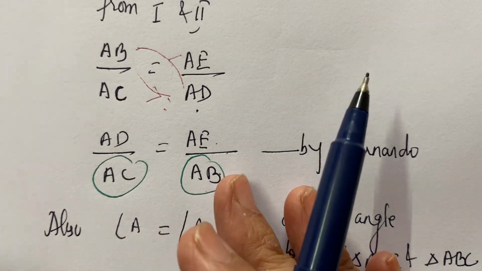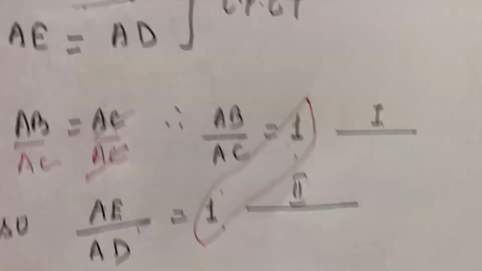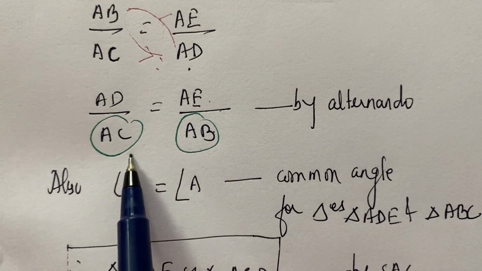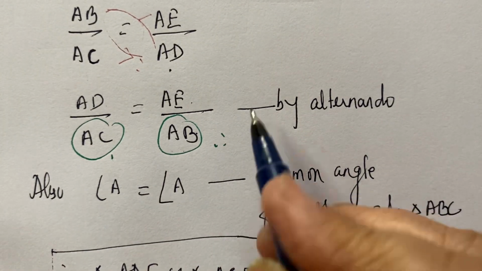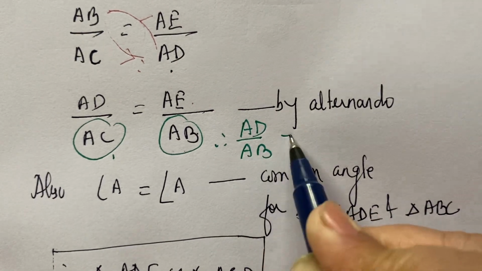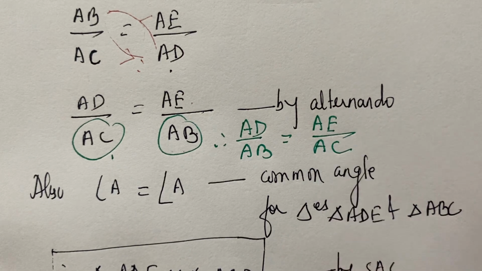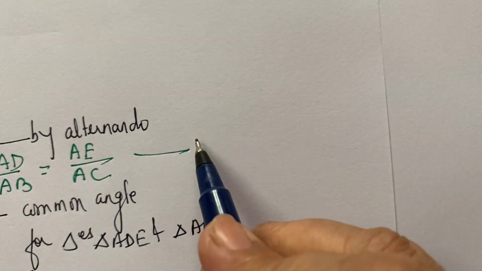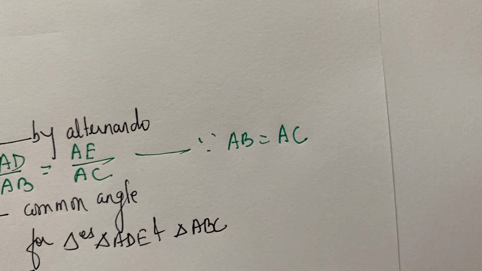We have already written here. See, the triangles are congruent, so AB is equal to AC. So naturally, if AB is equal to AC, I can interchange these things. We can write here, therefore, AD upon AB is equal to AE upon AC. You write the reason, for being succinct or clear, since AB is equal to AC.